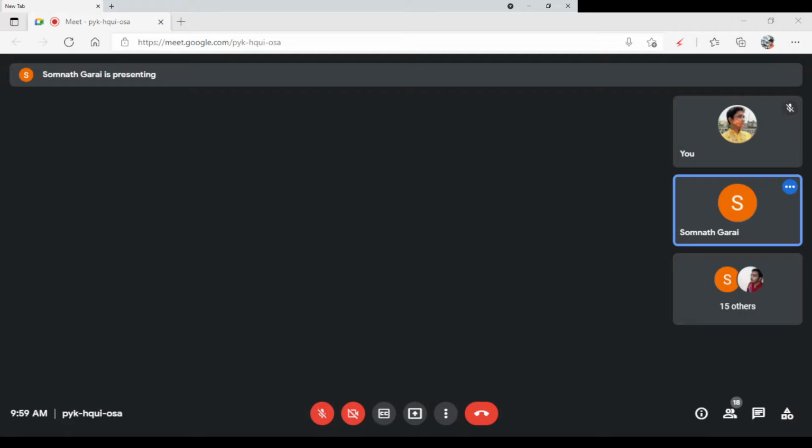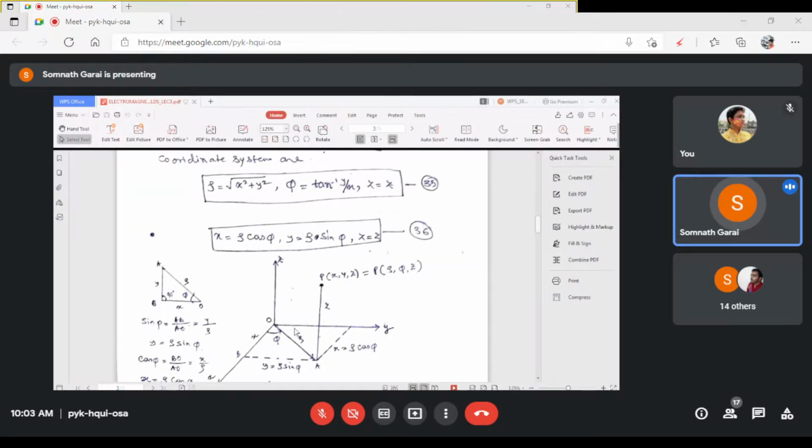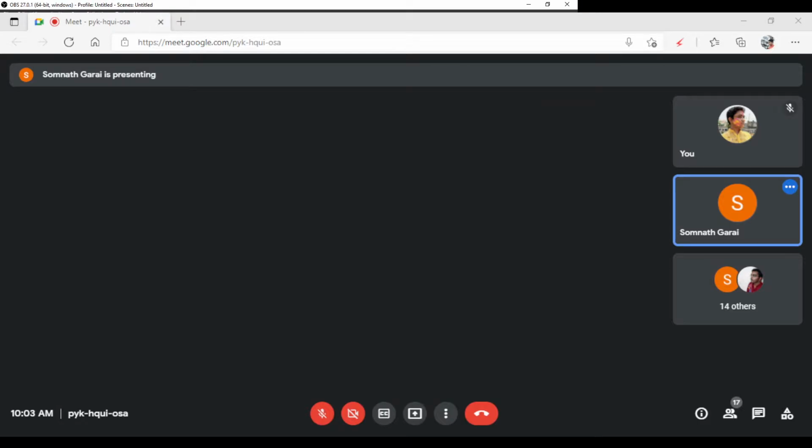And x and y are the coordinates of the rectangular coordinate system, and rho is the diagonal of this rectangle. So the value of rho is equal to root under x square plus y square, is it not? Got my point?